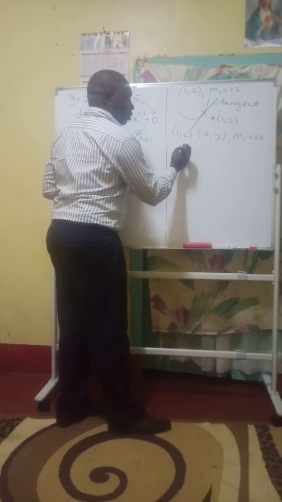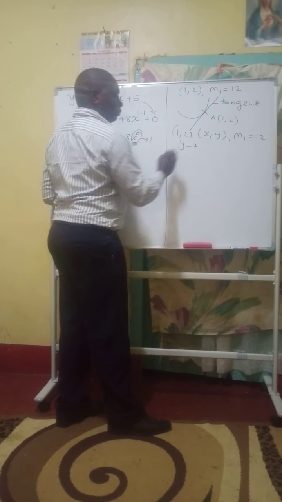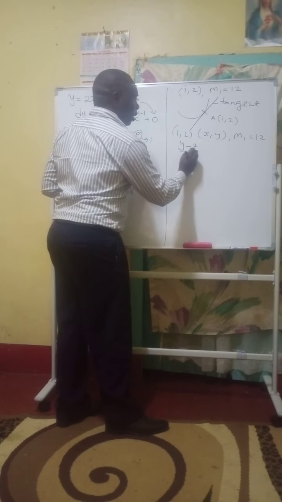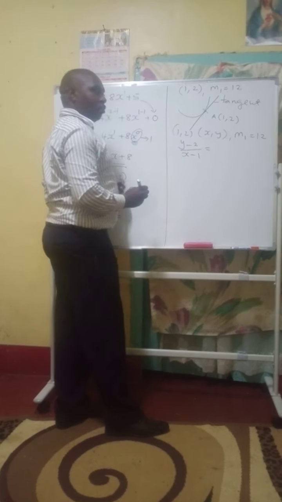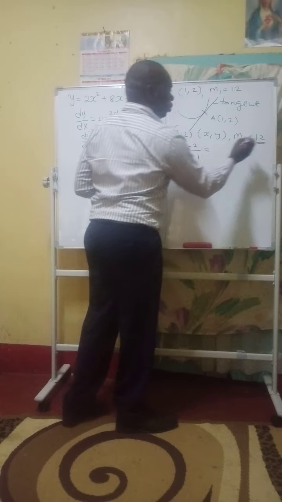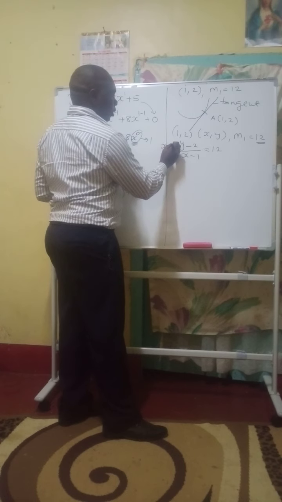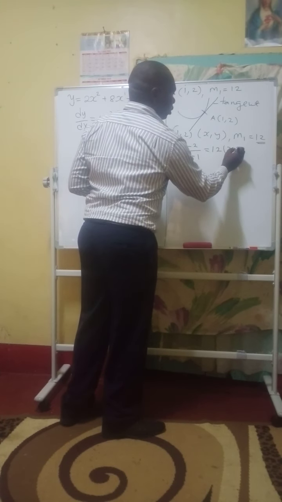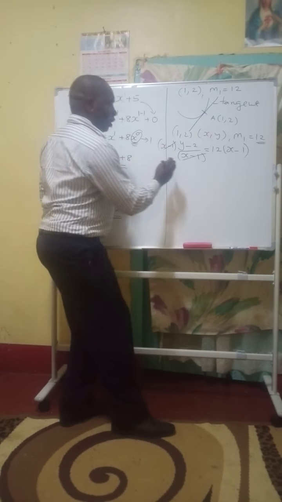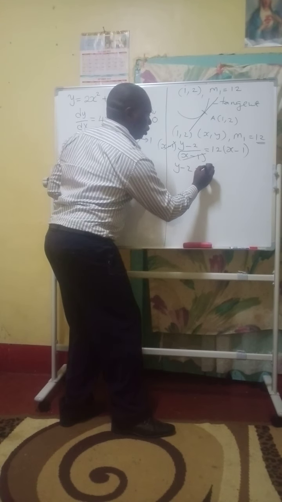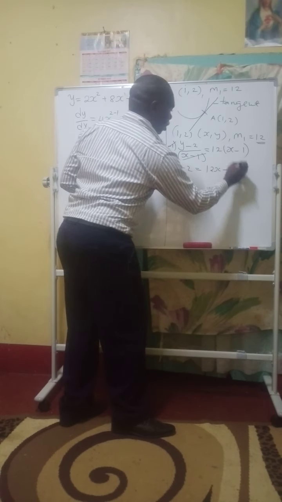So we are going to determine the equation of a straight line by saying that y minus 2, which is change in y, over change in x, which is x minus 1, should give us the gradient of that line at that point, which is actually 12. And then we cross multiply both sides by x minus 1, and we are left with y minus 2 is actually 12 times x gives us 12x, minus 12 times 1 gives us 12.